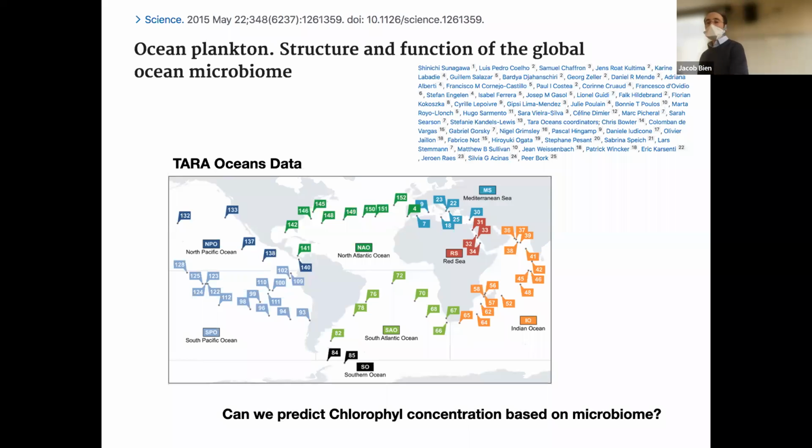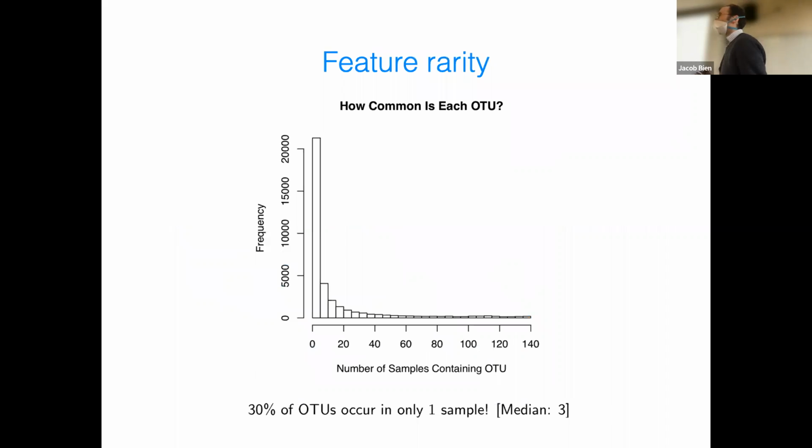And in such data sets, you see the same kind of thing that we saw in the text data. This is saying how common these different microbe types are in a given data set. In this case, 30% of these microbe types occurred in only a single sample in this data set. So it's similar to the rare words problem, where you think, well, how could I possibly know something about a microbe if it only occurred one time in my data set?